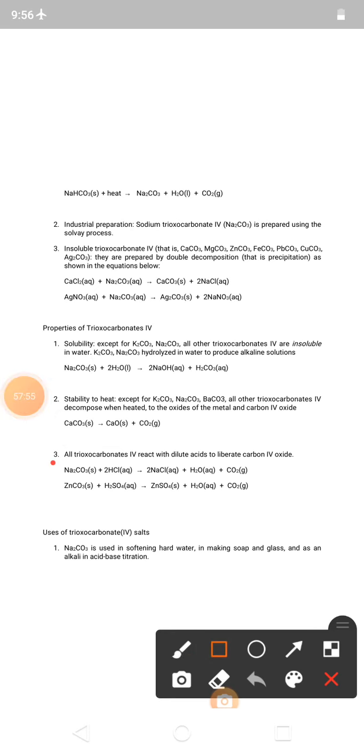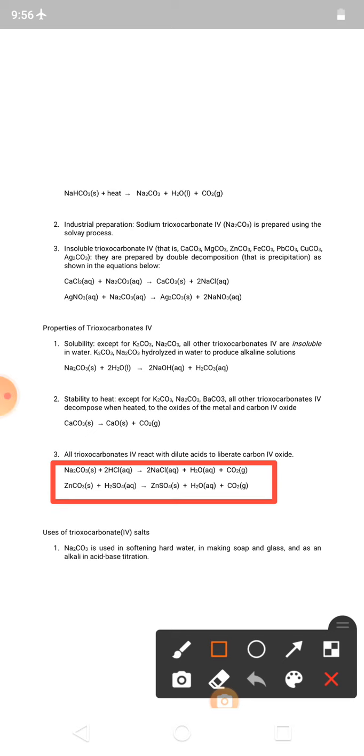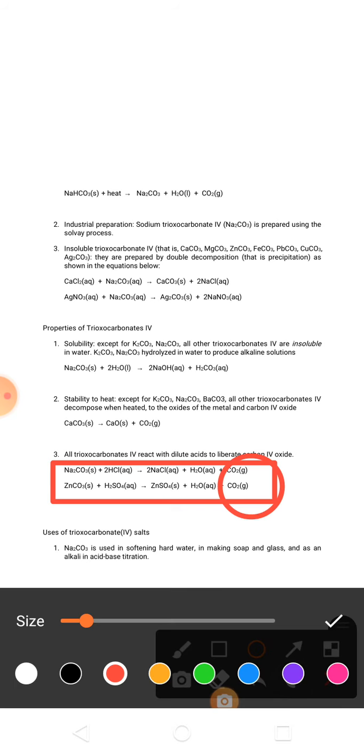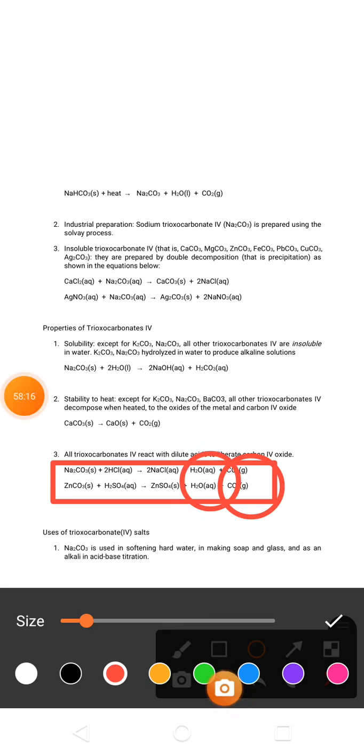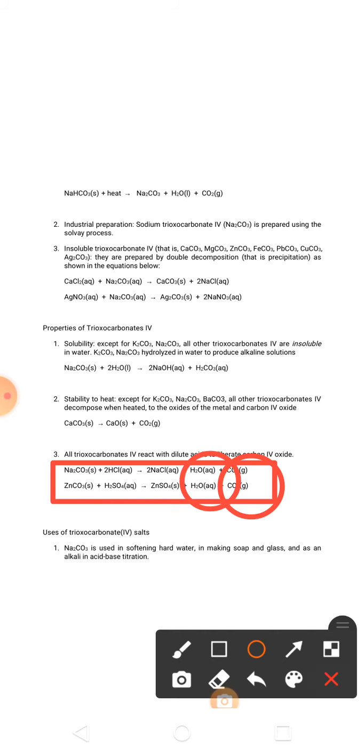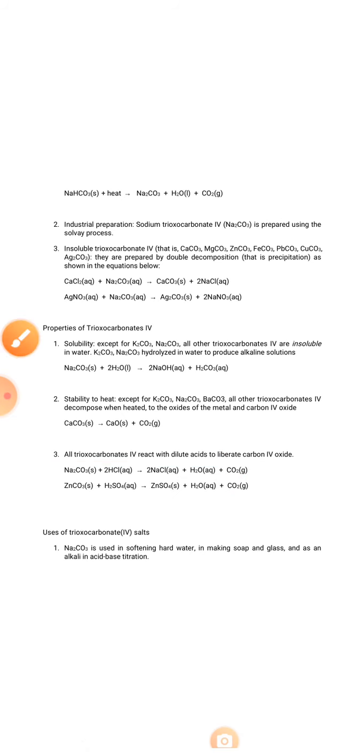All of them will react with dilute acid to produce carbon dioxide and also water. So that's about the properties of trioxocarbonate(IV).